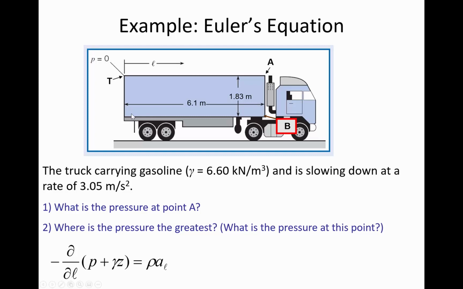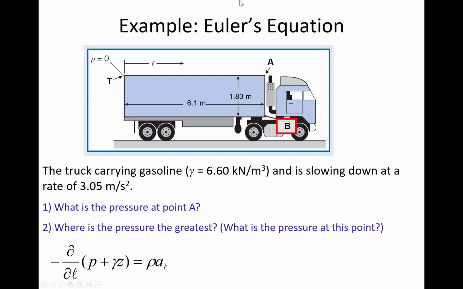They both are on the same vertical plane, and so, you know, if we said that the datum is the bottom of the truck, then Z for location T is 1.83, and the elevation for location A is the same. So they both have the same elevation, so the pressure isn't going to be changing because any one of them is lower in the fluid.